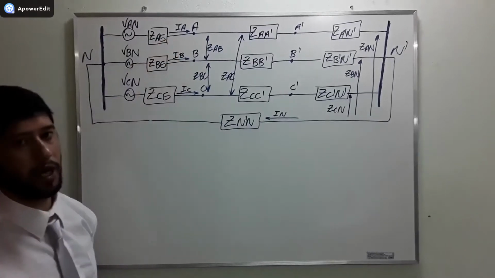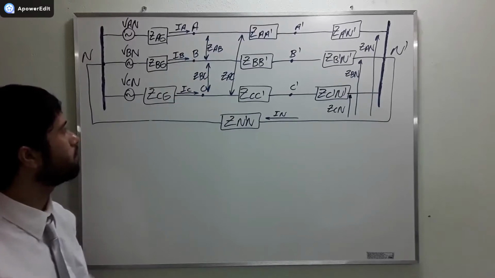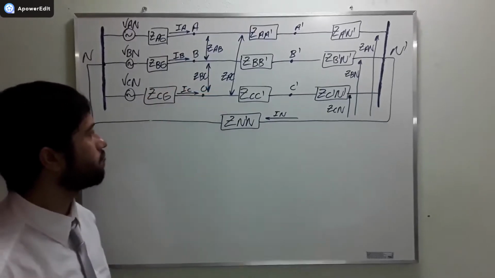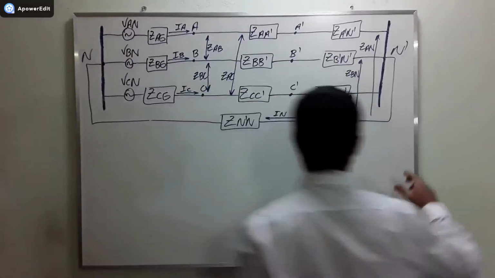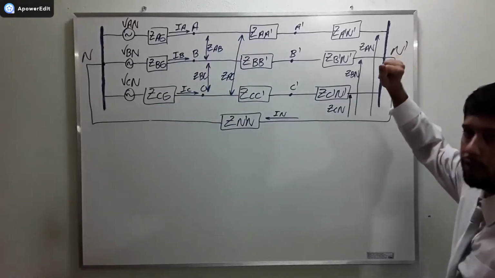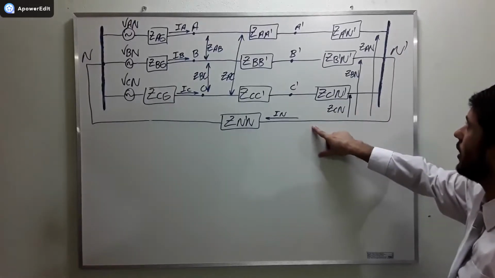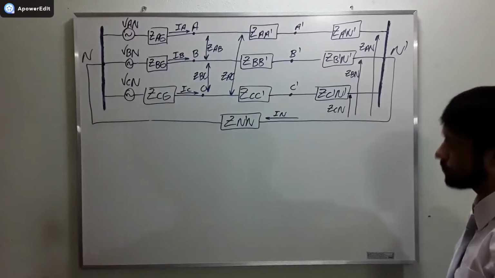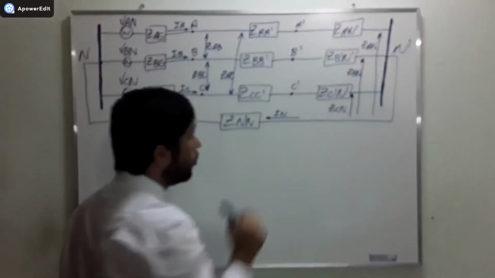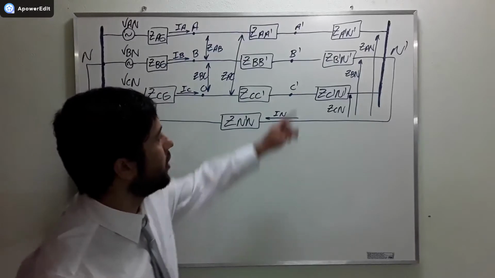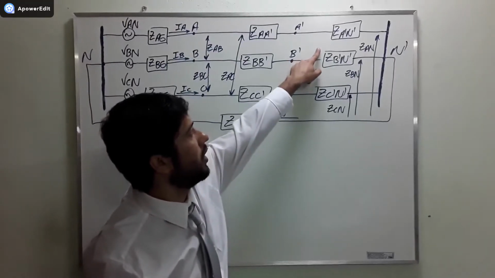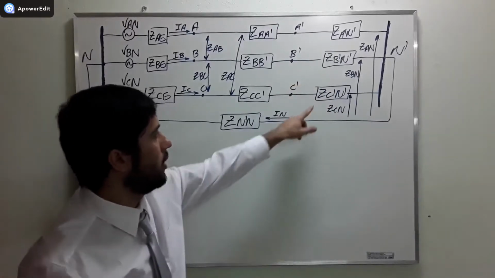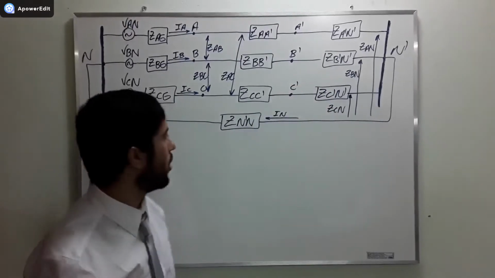ZAB is the mutual coupling between line A and line B, ZBC and ZCA. And here we have represented the mutual coupling between the lines and the neutral wire as ZAN, ZBN and ZCN. The load in Y is represented by the impedances ZA'N', ZB'N' and ZC'N'.